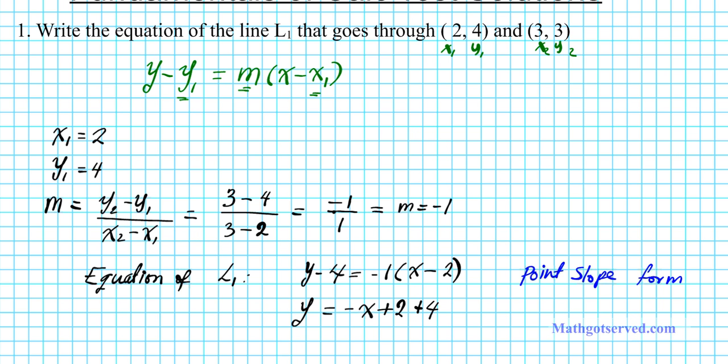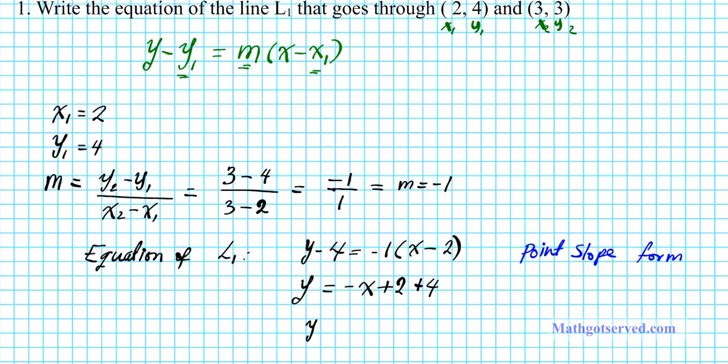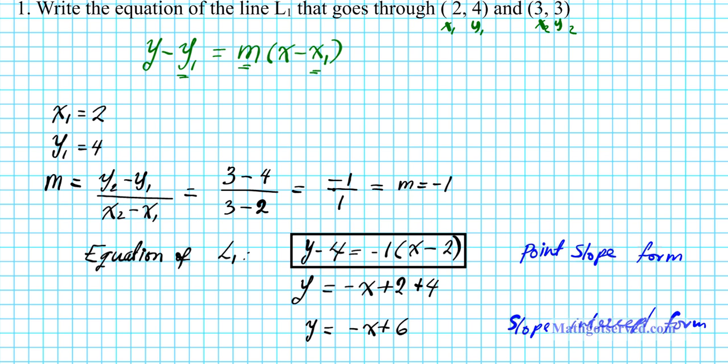Okay, so if we reduce that further, we'll have y equals negative x plus 6, and this is the equation in slope-intercept form. Okay, so those are our 2 answers for question number 1. Whichever form you have, that's sufficient.